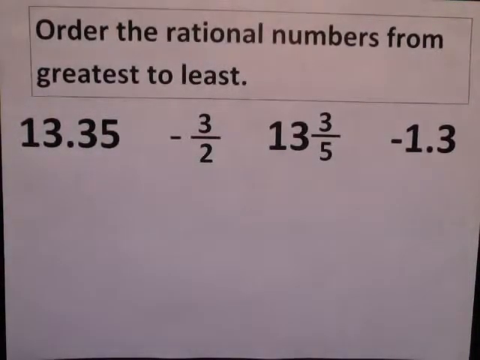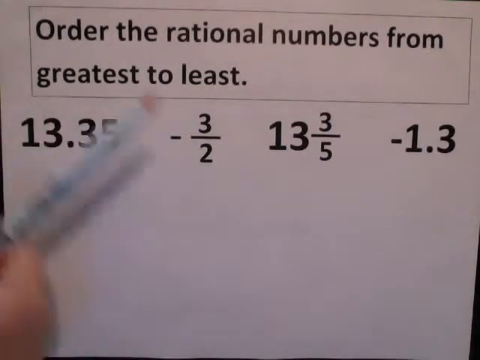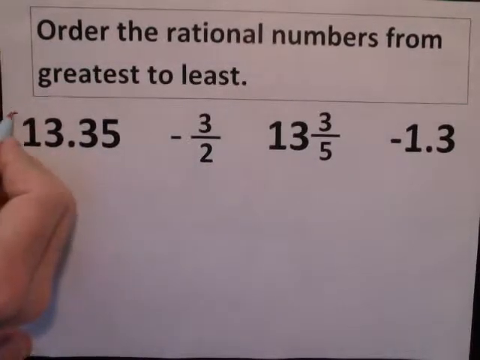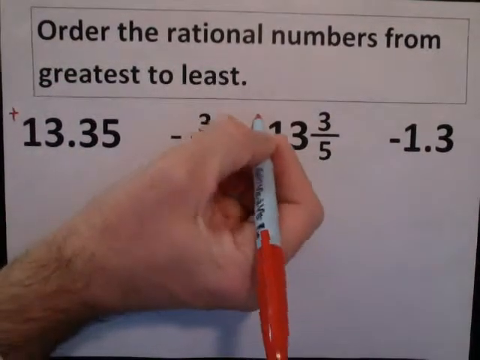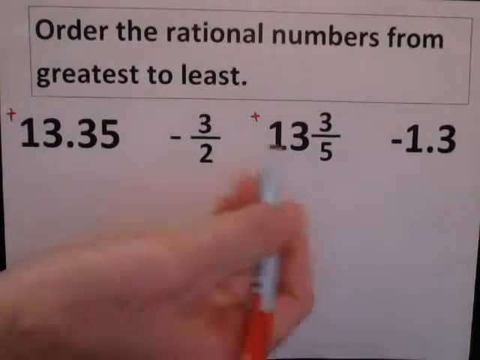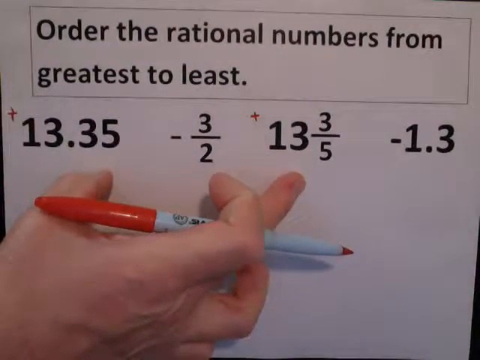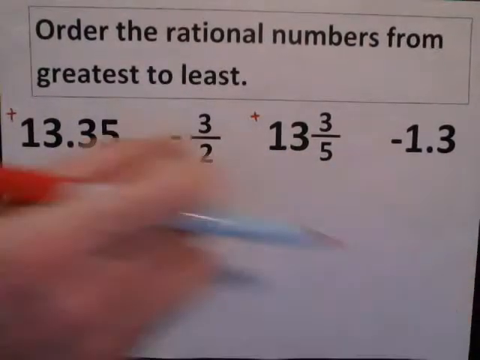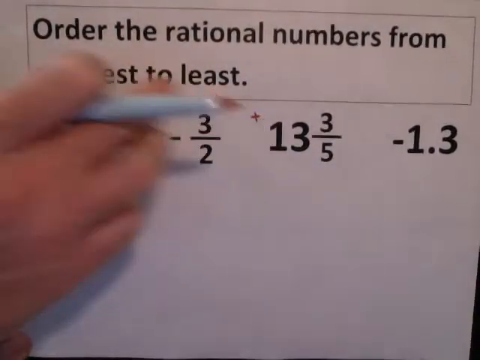And again, just start by looking over all of the numbers and trying to visualize them on a number line. Well, in this case, you can see that you have a positive number and a positive number, a negative and a negative. So you know that the positives are going to be at the beginning of your ordering, and the negatives are going to be at the end of your ordering because you're going from greatest to least.